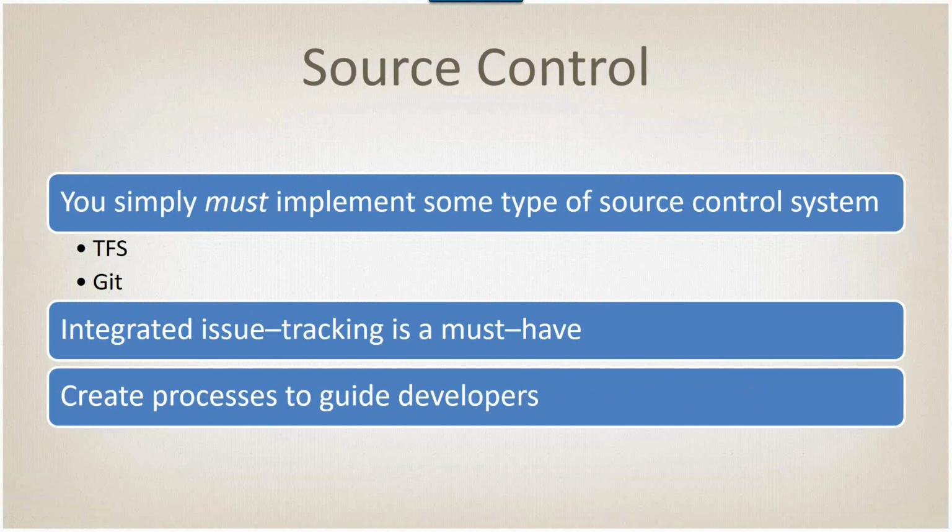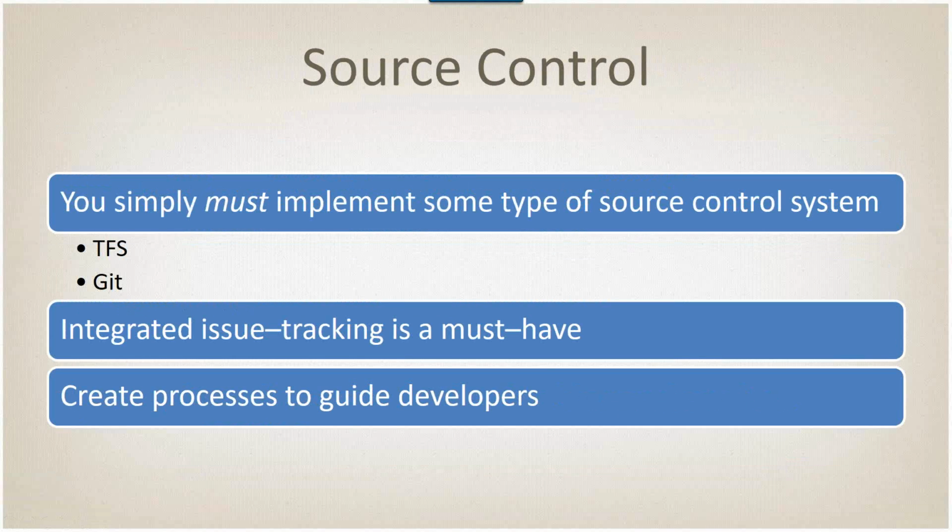You can get TFS for free for 5 users. It's just Visual Studio Online. You can use Git. You can get a private repository on GitHub if you want. You can run your own internal one. It doesn't matter, but whatever you do, you really need to use some kind of source control system. I really cannot emphasize that enough. That'll save your bacon, because there will be issues sooner or later.